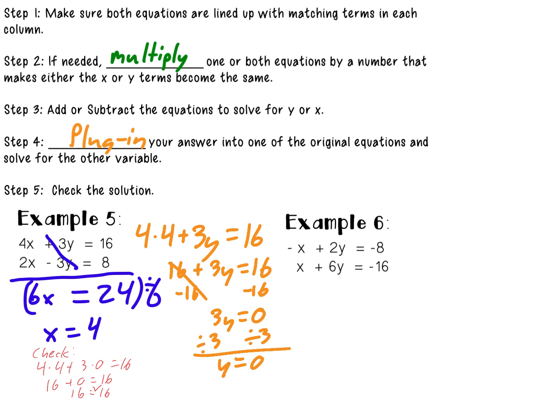Now, let's try the other one. We have 2 times 4 minus 3 times 0 is equal to 8. 8 minus 0 is equal to 8. That is true. This means that our solution to the first system of equations is the point 4, 0.